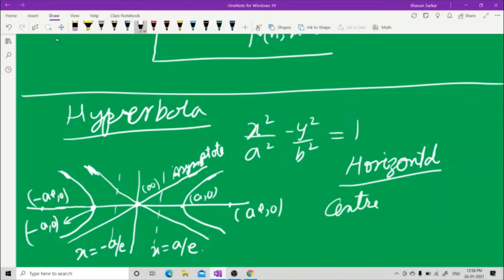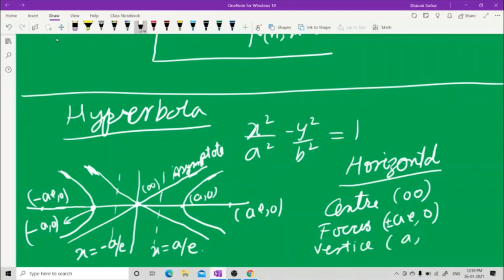The center is 0, 0. The focus is as usual, plus minus ae comma 0. The vertex is plus minus a comma 0. Now here the eccentricity would be a little different.